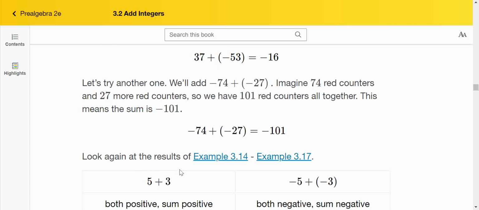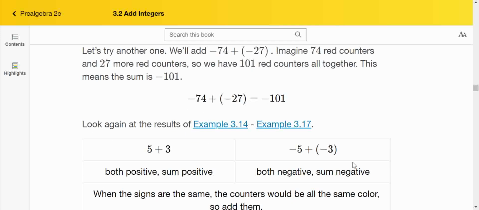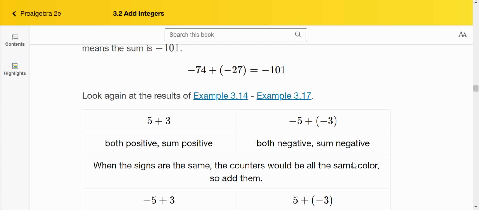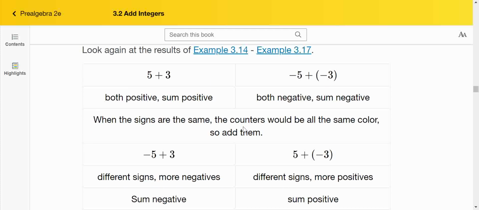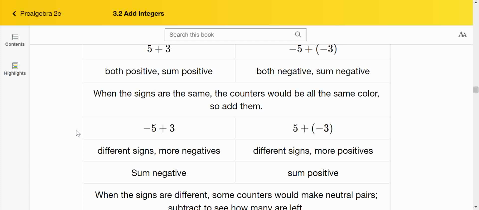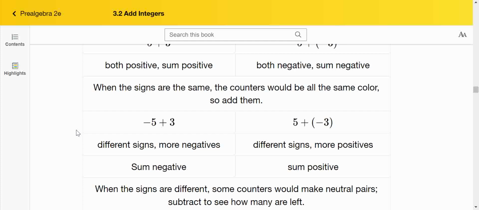Look again at the results of example 3.14 to example 3.17. 5 plus 3, both positive, they sum positive. Minus 5 plus minus 3, both negative, sum negative. When the signs are the same, the counters would be all the same color, so add them. Minus 5 plus 3, different signs, more negatives.